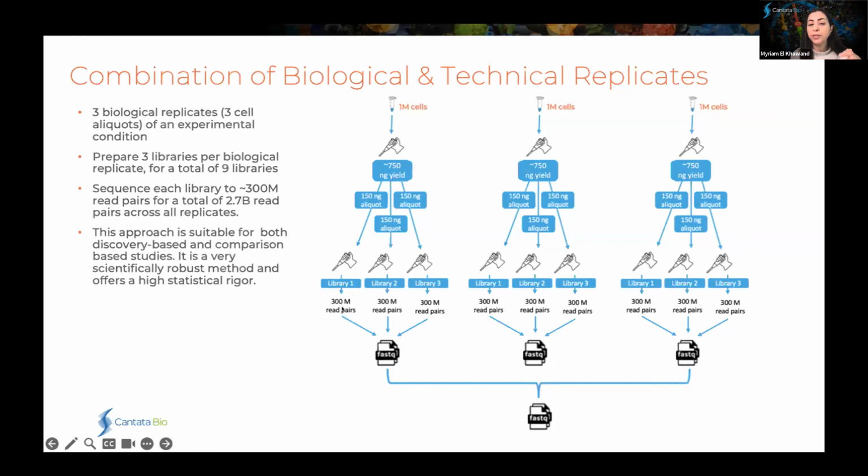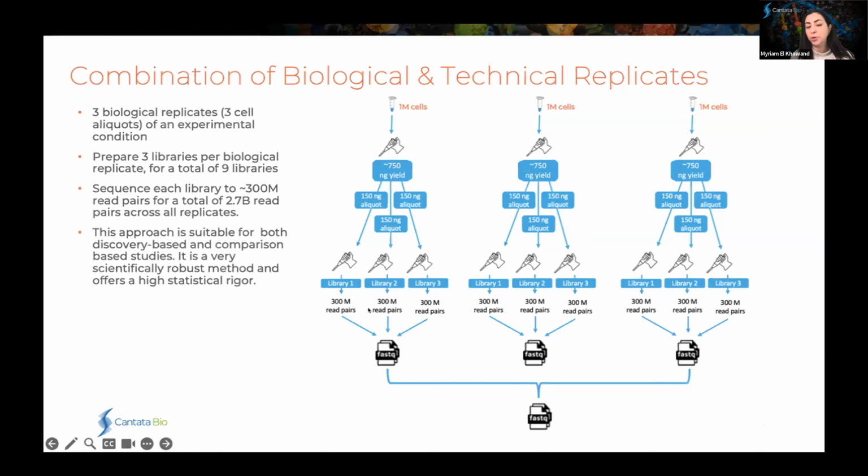Each of those 9 libraries is going to be sequenced to 300 million read pairs, keeping in mind that that's the highest depth that is supported by a library. Then you're going to merge these sequences together, and that will give you around 2.7 billion read pairs, more than what you need for a 1 kb resolution and even higher.